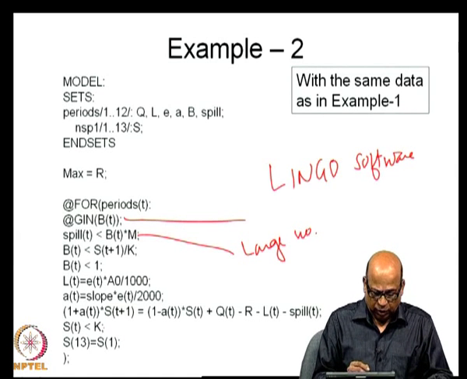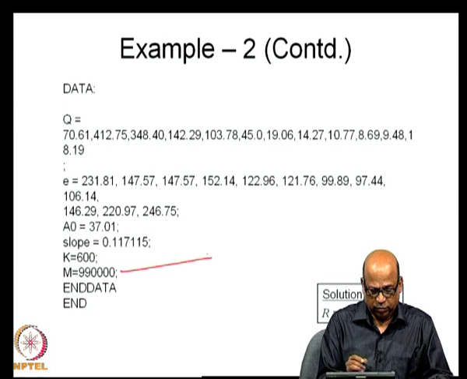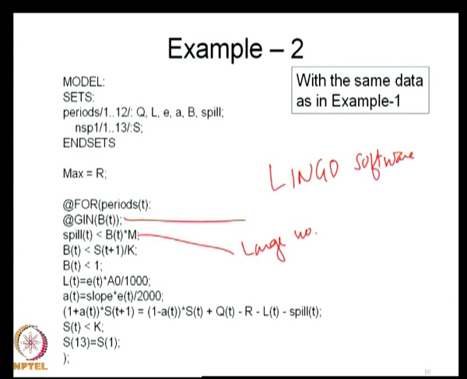So, for given k we solve that now, and all this is data. Remember, m is data, k we are specifying as data, and all other data remain the same as the previous problem. We get the solution 89.35 for storage of 600, which is the same as what we got earlier.